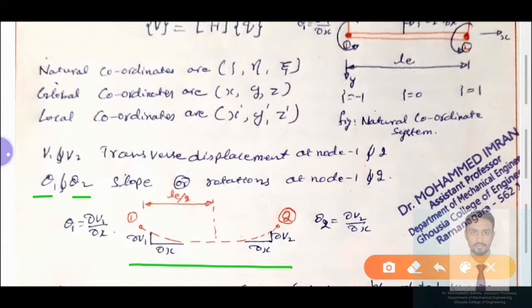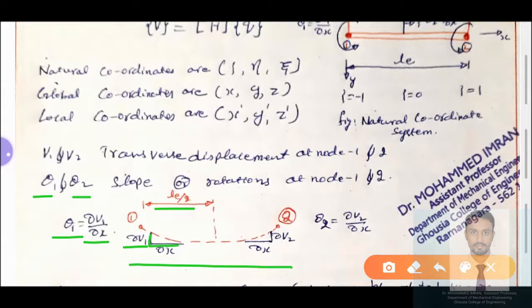When we take from node number 1, the slope is derived with respect to node number 1 till the mid of the element, LE by 2, giving the slope dou v1 by dou x. That slope dou v1 by dou x represents the rotation of the beam element, theta 1. That is the slope of the beam element due to the application of a load.